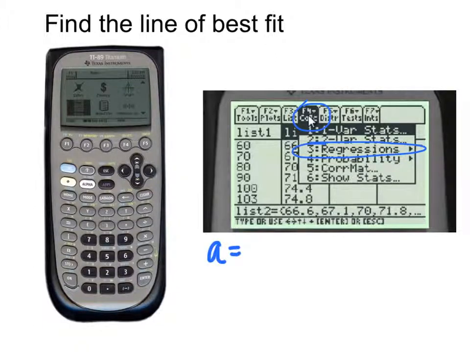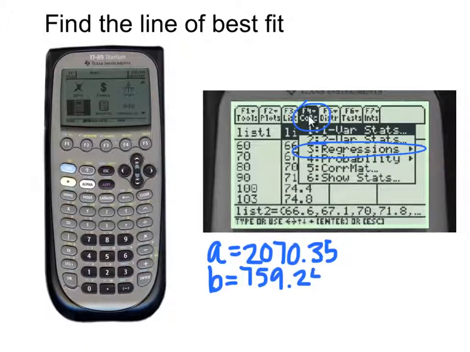A equals, B equals. You will also want the R value and the R squared value. The R value equals the correlation coefficient.